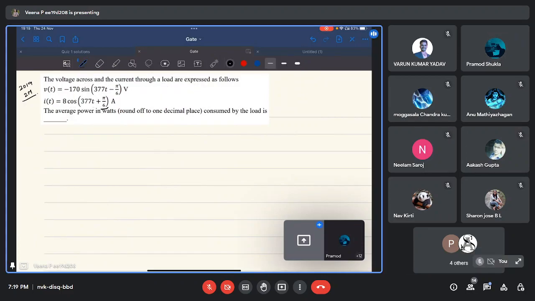How can you solve it yourself? Use the basic definition of active and reactive powers. If you have a voltage and current, what is the active power? It is the average of the product of voltage and current, correct?